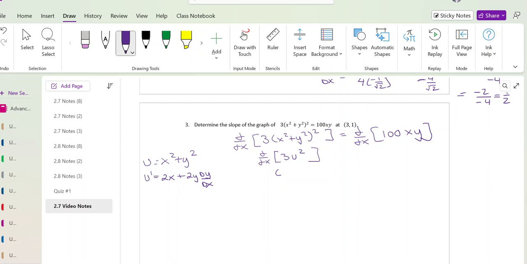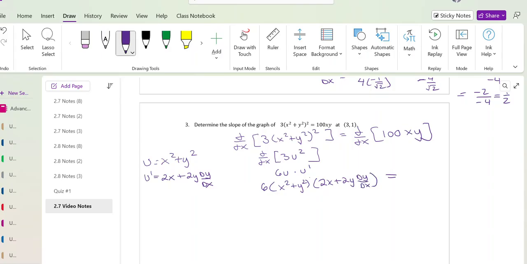So when you take the derivative, it's 6u times u prime, which means it's going to be 6 times x squared plus y squared, times the derivative, which is 2x plus 2y times dy dx.